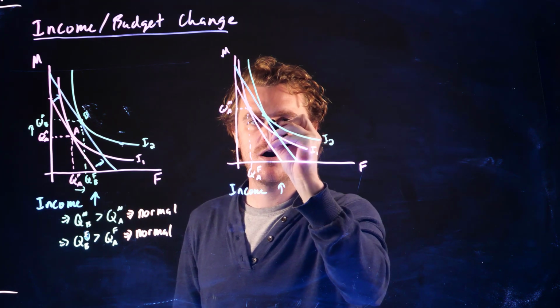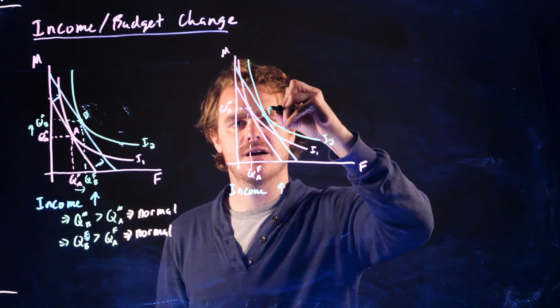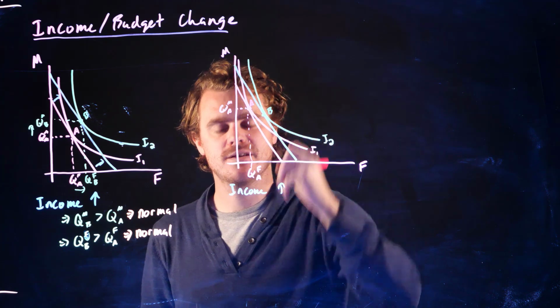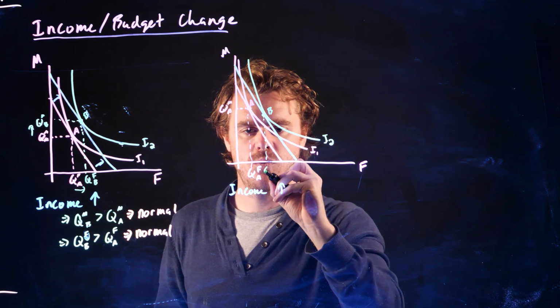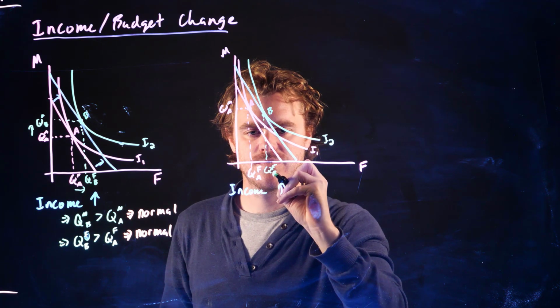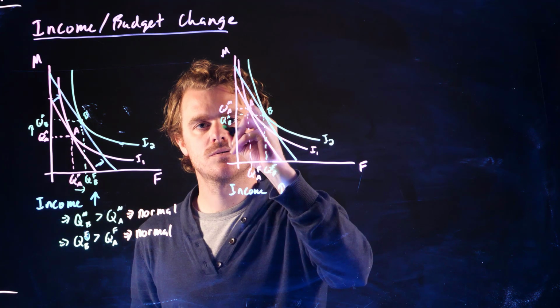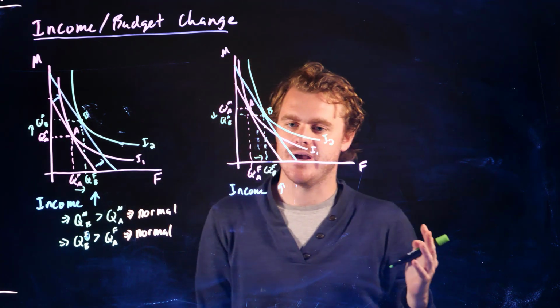And so now our optimal consumption bundle is this point B here. I forgot to label this A. And with this, the quantity of fish went up, but the quantity of mangoes went down after our income went up, right?